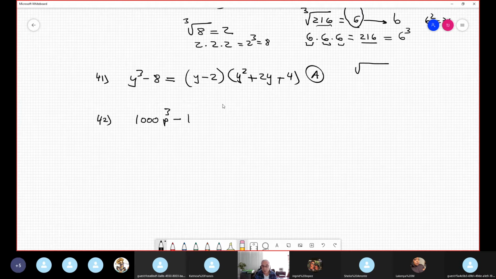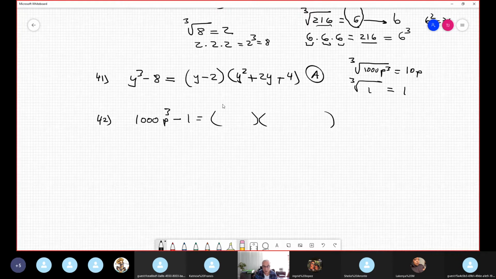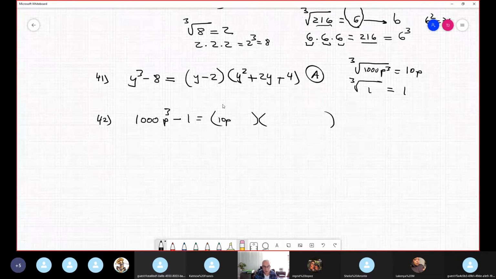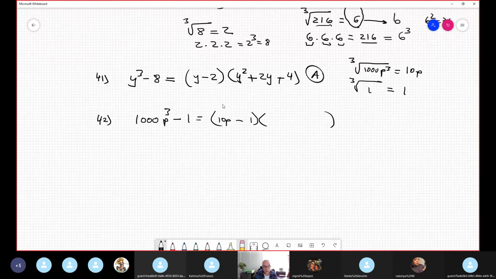And cubic root of 1000p cubic is 10p, because 10 times 10 is 100, and 100 times 10 is 1000. And the cubic root of 1 is obvious as 1, because 1 is a magic number, and when you raise to any power, or you apply any higher root, it stays the same. Then this is two parentheses again, 10p minus 1.